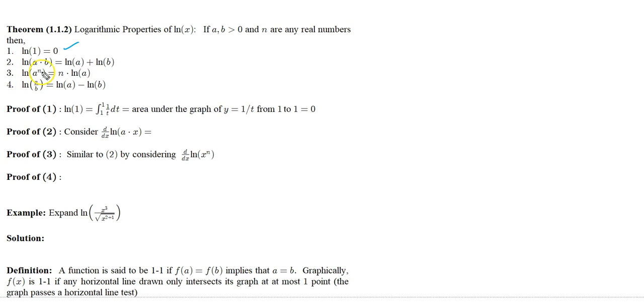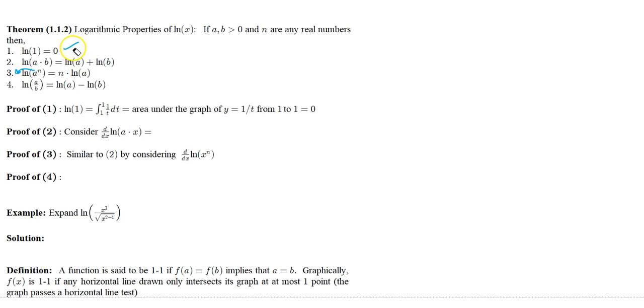The natural log of a to the nth power, we can actually drop this n down in front and write it as n times the natural log of a. And the natural log of a divided by b is the natural log of a minus the natural log of b. So these are all important properties for the natural logarithm function.